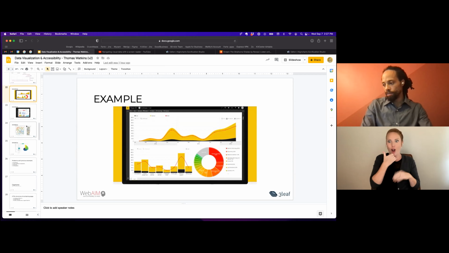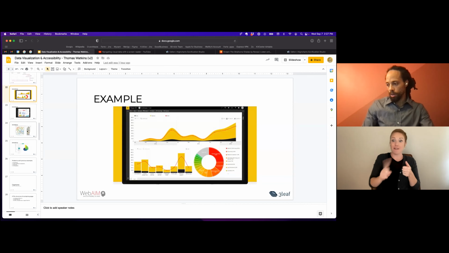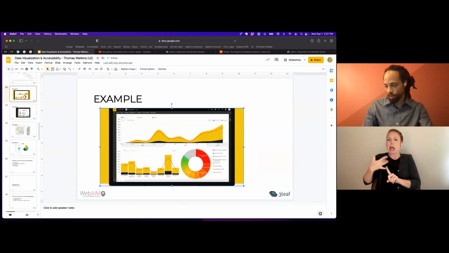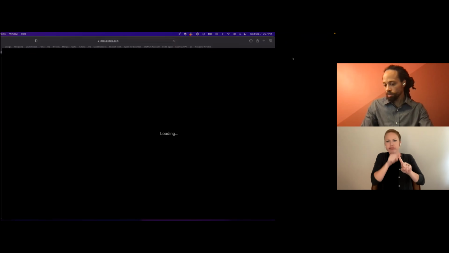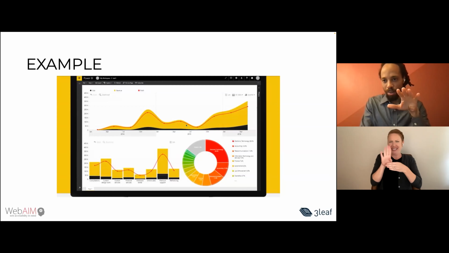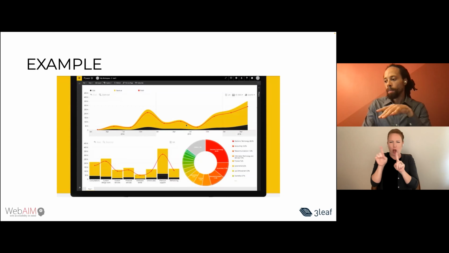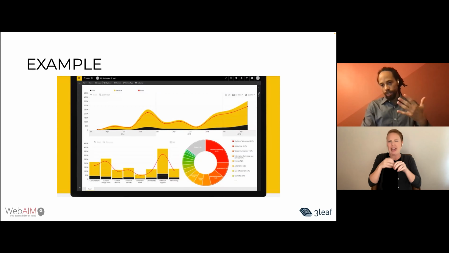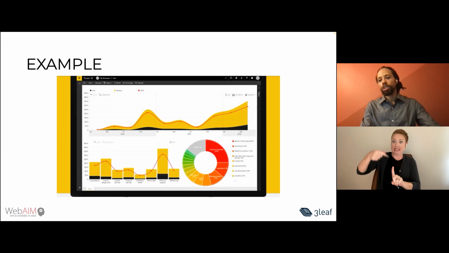For this first data visualization, we've got an area chart and a pie chart that uses gradients of similar colors right next to each other to show categorical information. We've got lots of busy stuff going on. I won't go through all the details of everything that's going wrong, but from a signal detection theory perspective, we've got too much noise here.